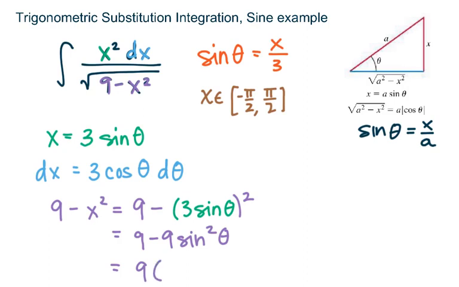Factoring out that 9, we have 1 minus sine squared theta. And 1 minus sine squared theta, by the Pythagorean identity, is equal to cosine squared theta. So I've got 9 cosine squared theta. So I know what I'm going to plug in for my radicand, for this x value, and for my dx value.